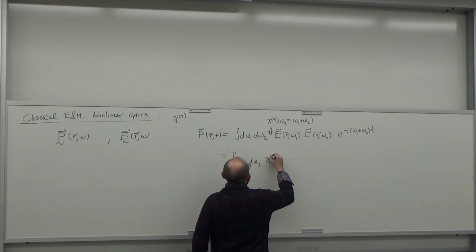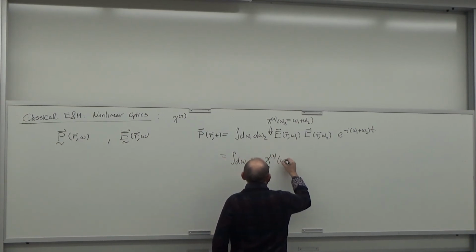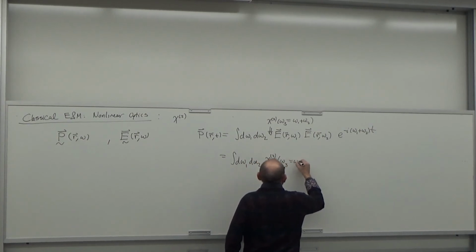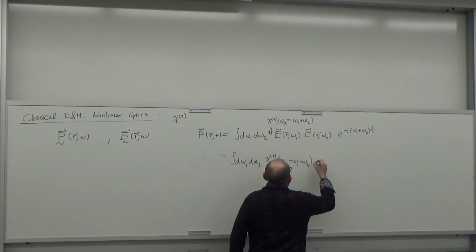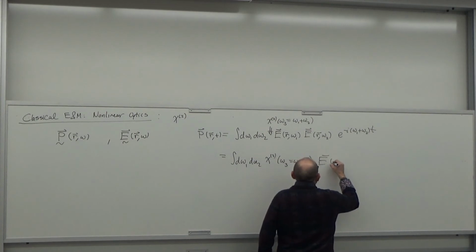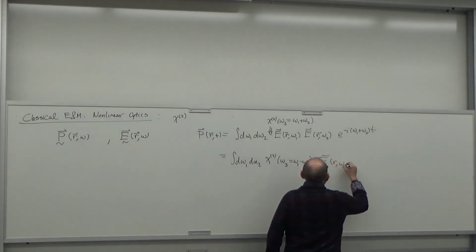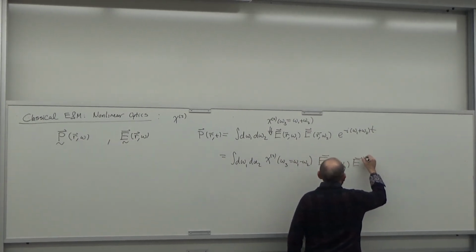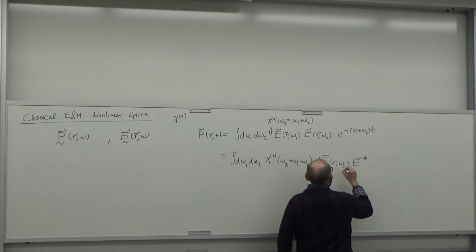The beat note might involve the difference, because I can have E plus E is equal to E plus E star.